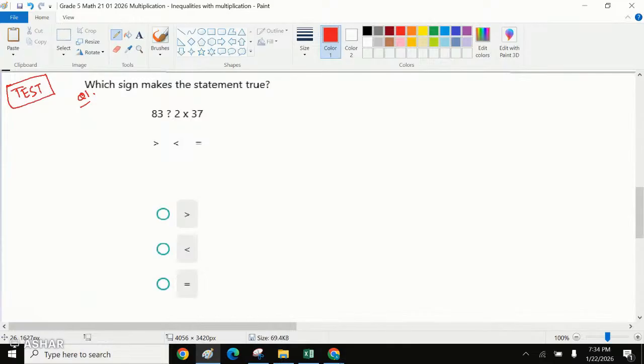So if this is the given question statement over here, 83, the question mark, 2 multiplied by 37. So which option should be correct?